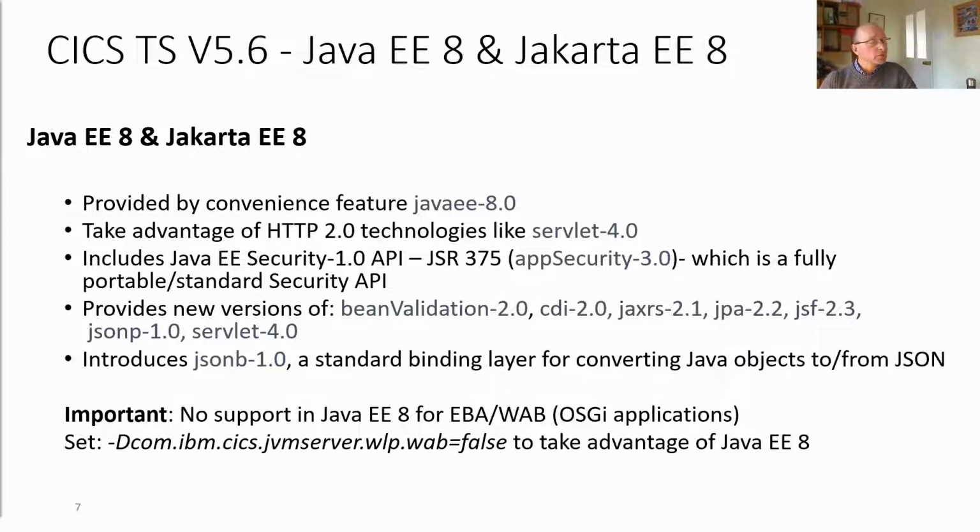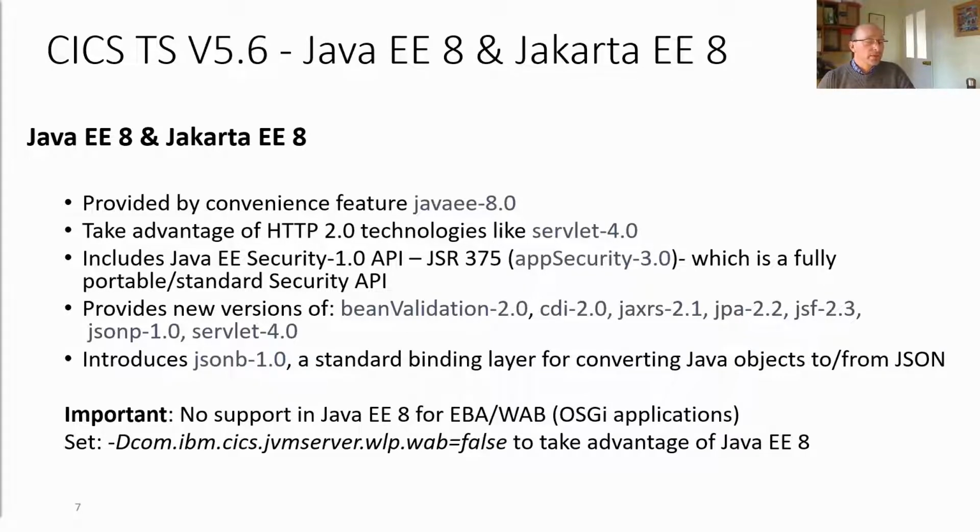A couple of notes worth noting. Liberty with Java EE8 does not support OSGi applications deployed in an EBA. So they're called WABs in an EBA.